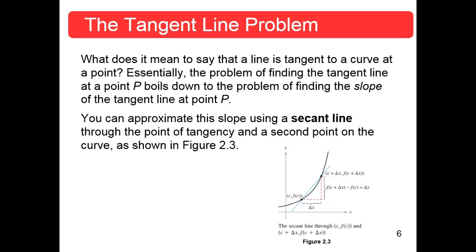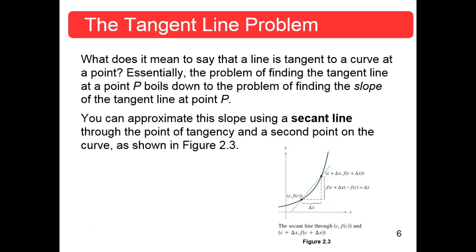Here's a curve. You can imagine that is the curve of a planet going around the sun, an arc. Now, if you want to talk about the slope of that arc, you can approximate it by a secant line. Here's your point C on the x-axis, this is f of C up here, and you go a little ways away from C, and they call that a delta x. Have y'all run into this notation before?